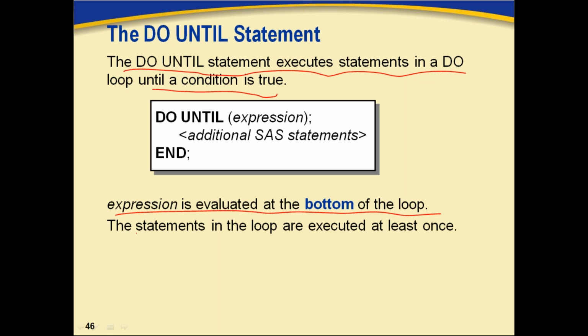The statements in the loop are executed at least once. To make it simple, it will execute these SAS statements at least once, and at the end, when it checks the condition, if it is failing, then it will terminate. It will not check the condition initially.